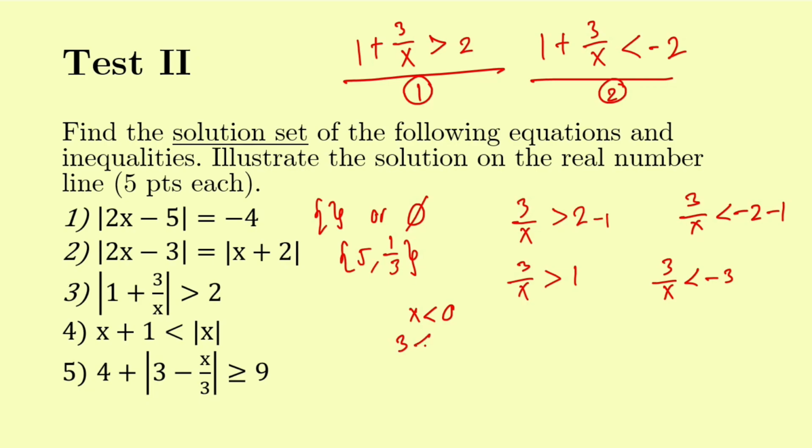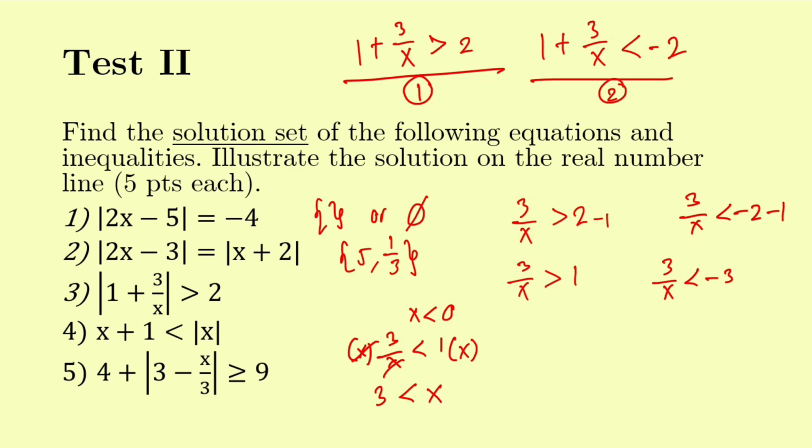Sige, ipakita natin ang process. 3 over x times x is less than, kasi we are multiplying a negative number. 3 cancelled out is less than x.